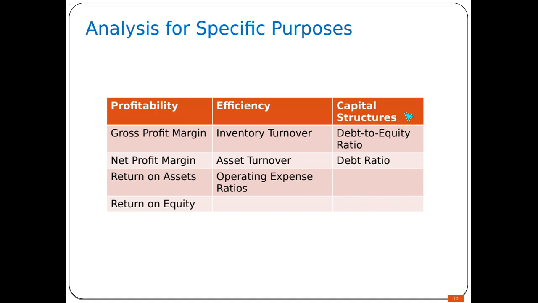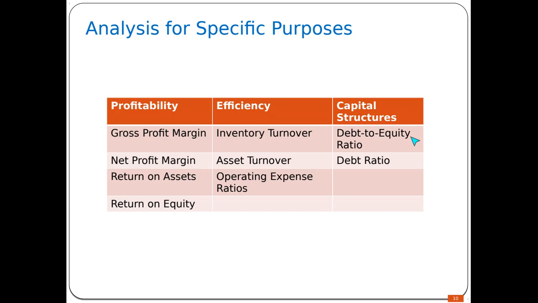And then the third type of ratio is the capital structure, which is the debt to equity ratio, meaning to operate our company, how much money did we borrow and how much money did we collect from selling stocks?